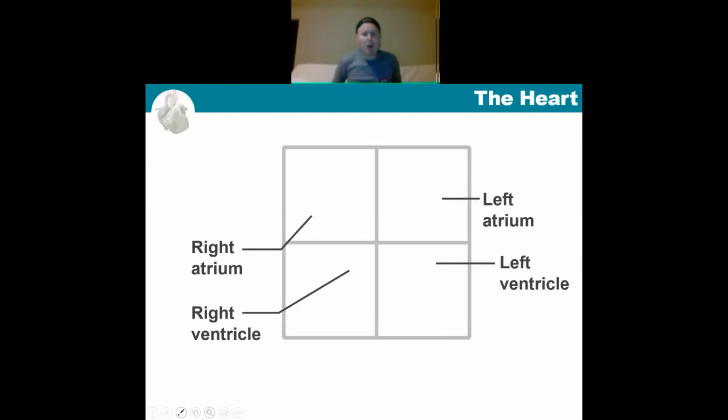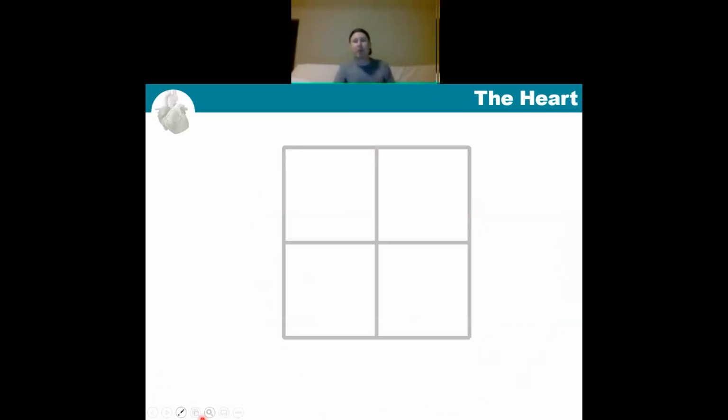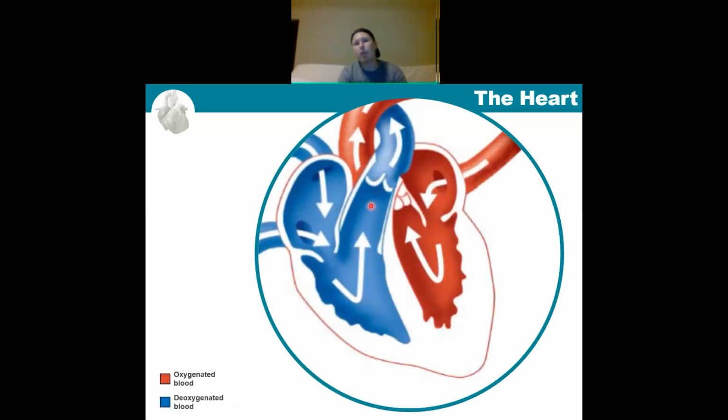Now, let's have a look at the flow of the blood through the heart, and we will have a look at it on this fancy drawing with these arrows, but let's keep it simple and start with the simple diagram that we have. So we saw that the blood came to the heart on the right side. That's where the blood comes from the body, from the systemic circulation.